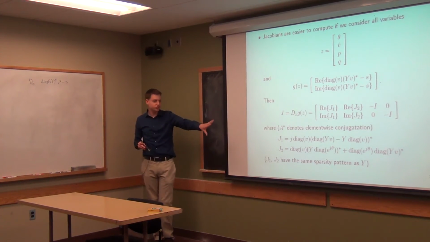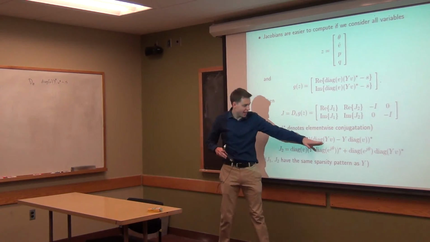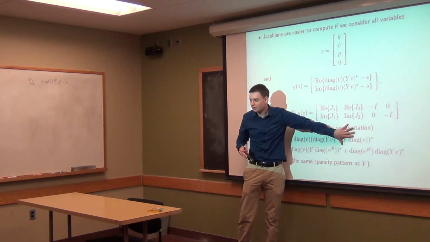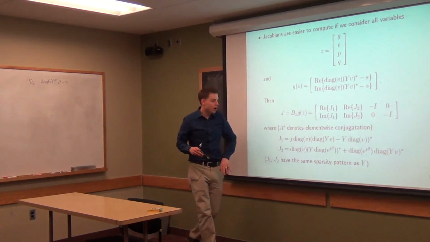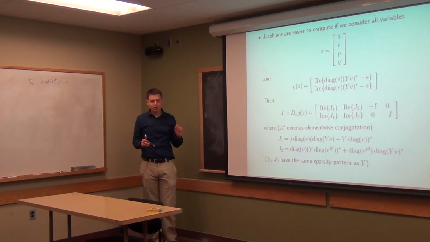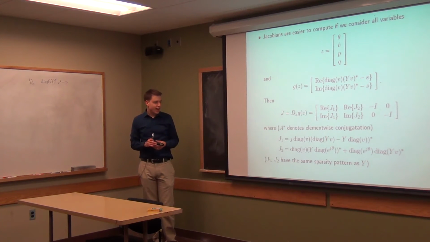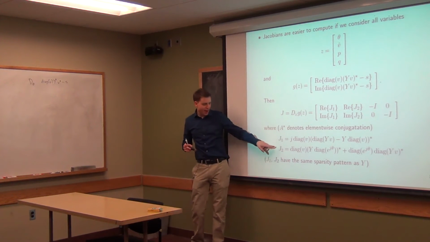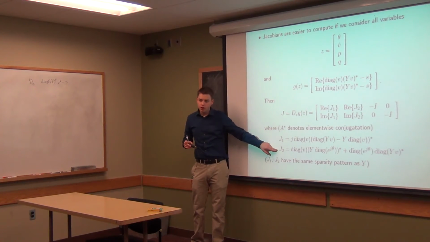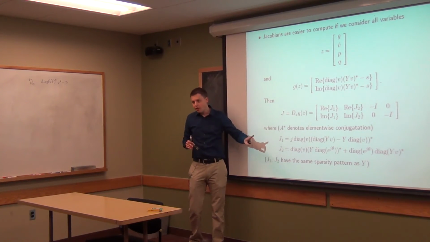This is all just some diag terms, etc. And the really nice thing is that the sparsity patterns of these two matrices are the same as the sparsity pattern of y. You can see that pretty easily.